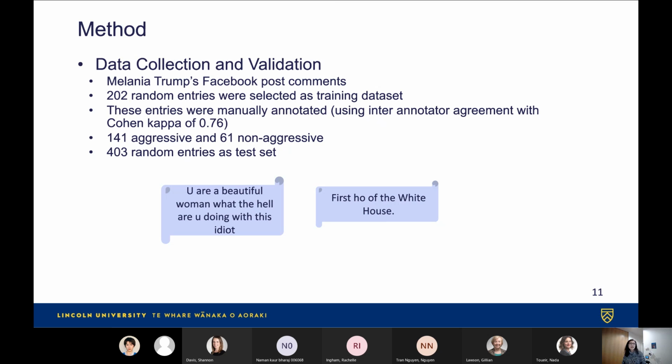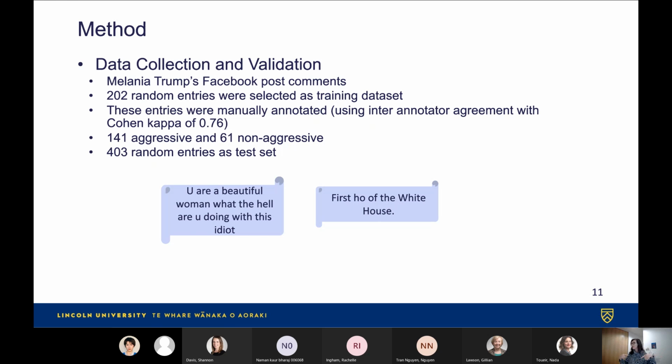A Cohen's Kappa agreement of 0.6 means it is quite substantial, so we agree by much. In these 202 random entries, there were 141 aggressive statements and 61 non-aggressive. A bit not so balanced, but in the interest of time, we had to train it with some data set. Once we have done that, we use the model that we have trained to categorize 430 random entries from the same Facebook post.